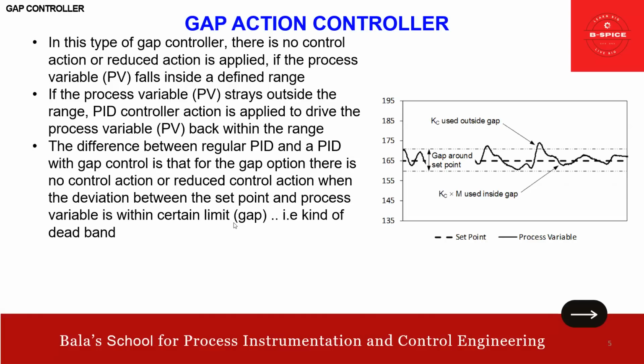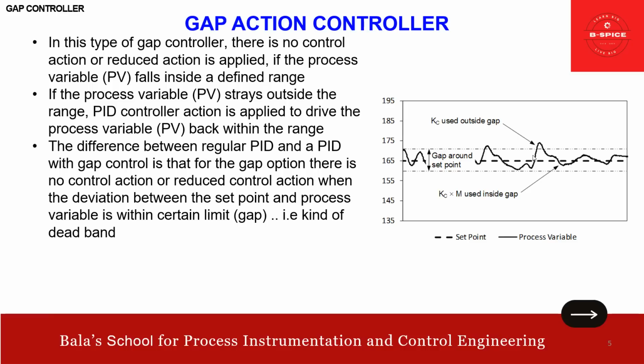You got it, friends? Another very important point, just listen. Again I repeat, there is no control action or reduced action if the process variable is within the defined range. If it stays outside, PID control action is applied to drive it back within the range.